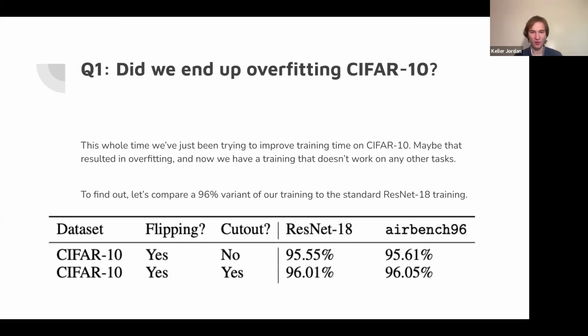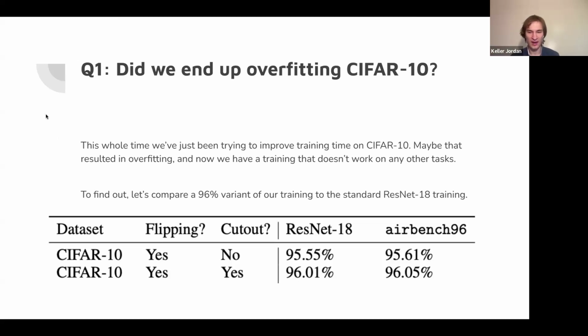I'm going to compare to a standard ResNet-18 training as the baseline, and I'm going to compare that to a variant of my training which reaches 96%. It's a somewhat souped up training. It's the exact same thing I just described, except you increase the size of the network a bit, increase the training duration, and use cutout augmentation. So you're increasing the data and the model size, like typical scaling, because you're training for longer with more augmentation.